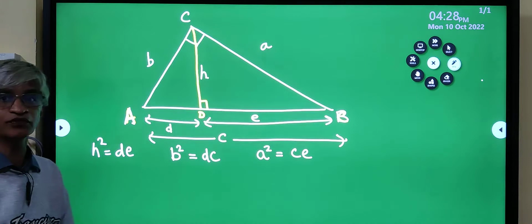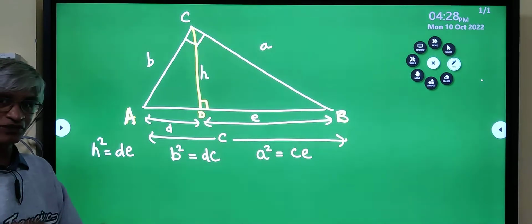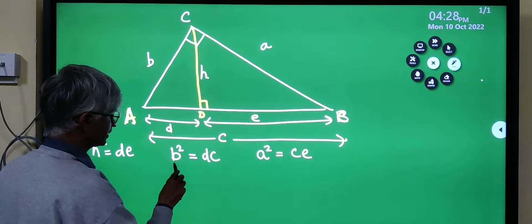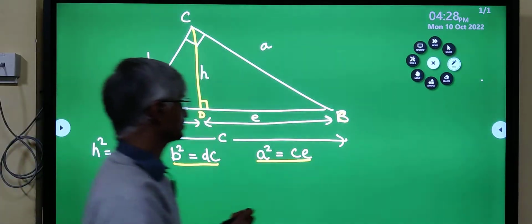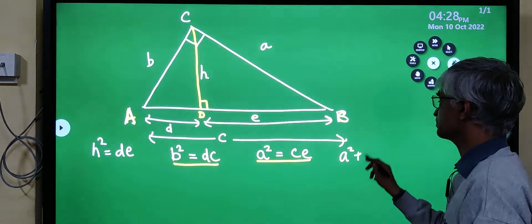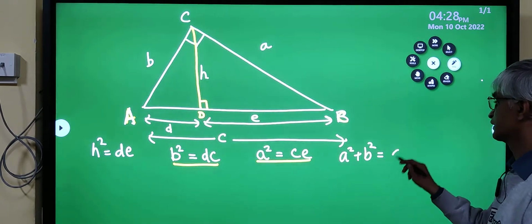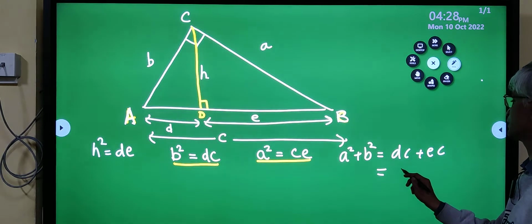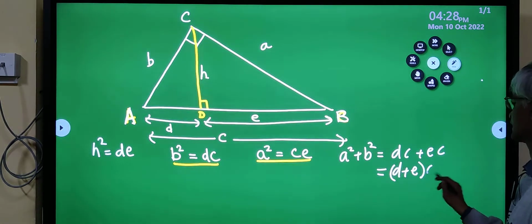Now each of these three formulae we will prove very easily, but up front I want to tell you a nice interesting surprise. Just see what happens if we add these two equations. If you add these two equations, you will see that I'll get a square plus b square equal to dc plus ec, and that is equal to d plus e times c.